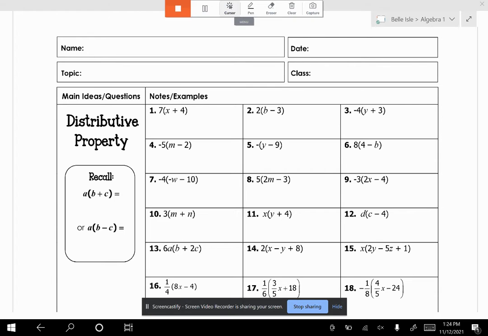Distributive property. Today's date. This is Algebra 1. This is B3. Okay. These notes will go really quick.